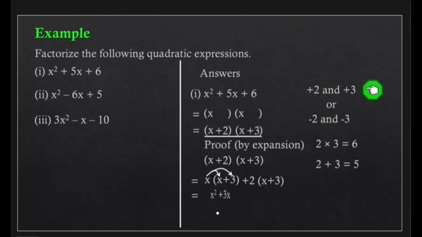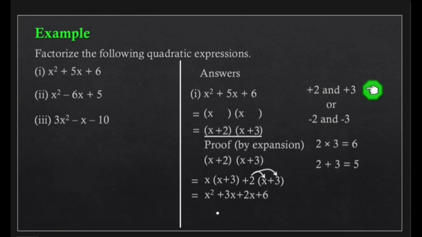So x times x will give you x squared, plus x times 3, which will give us positive 3x. Then you also say positive 2 times x, it will give you positive 2x, and positive 2 times 3 will give you positive 6.